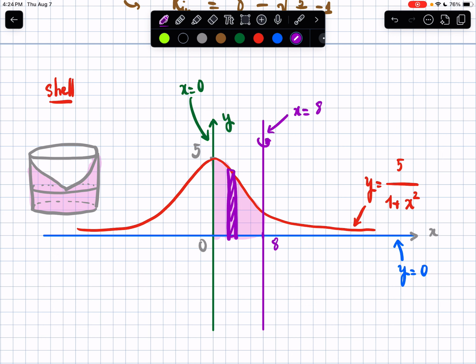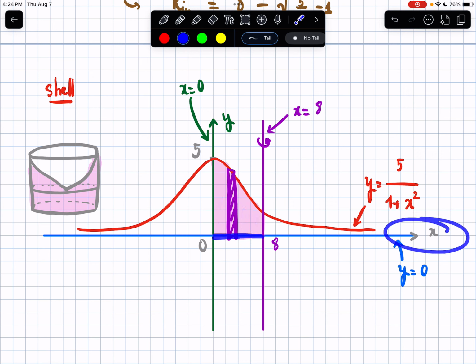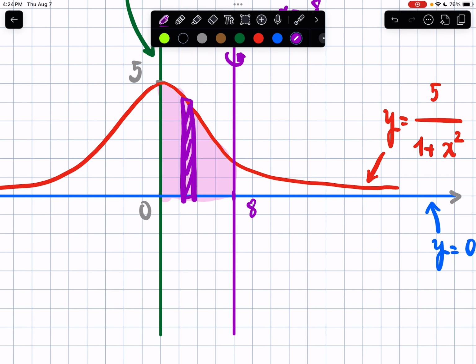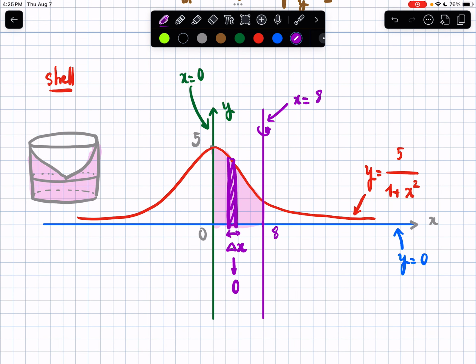By slicing parallel to the y-axis, we create a partition of the segment 0 to 8 on the x-axis, with delta x. When delta x tends to 0, we have dx, so the integral would be in terms of x.